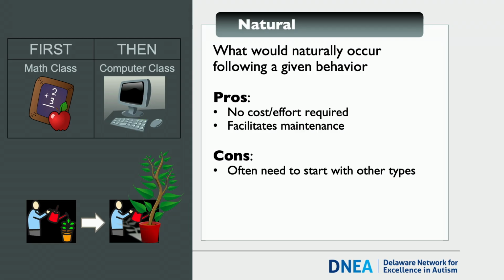Some pros of using natural reinforcers include that they are no cost or low effort required. They also facilitate maintenance because if what is naturally happening in the environment reinforces behavior, as long as that natural consequence continues, a person should maintain the behavior in similar contexts. Some cons of using natural reinforcers include that they are not always reinforcing initially, especially for our students with autism.